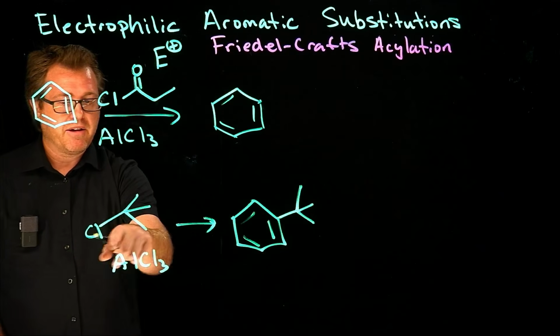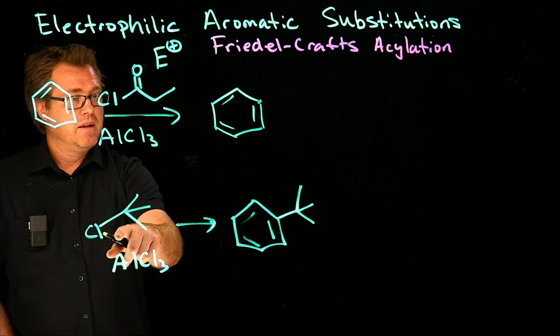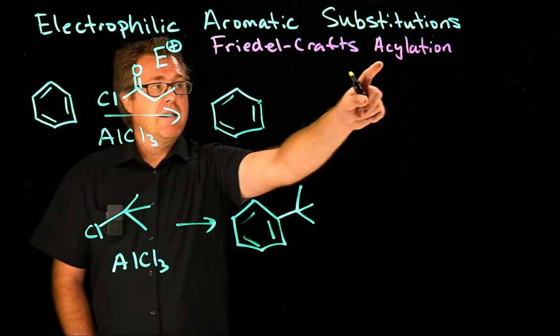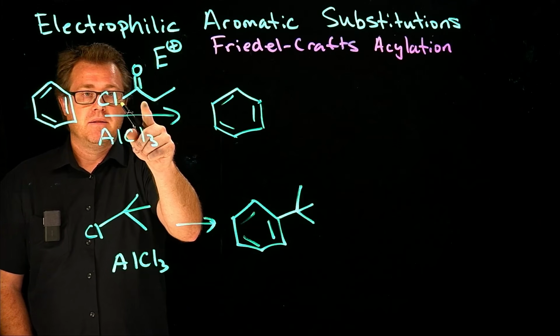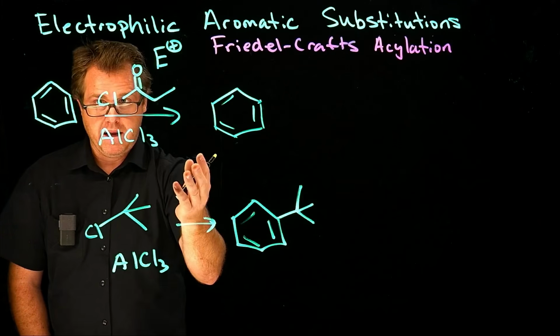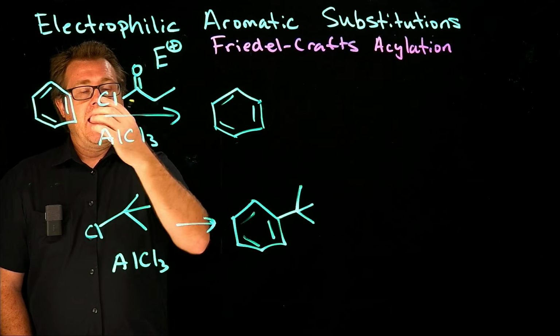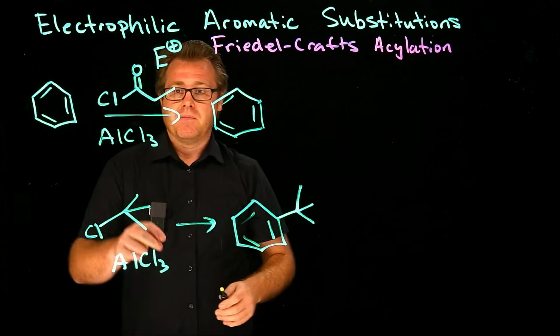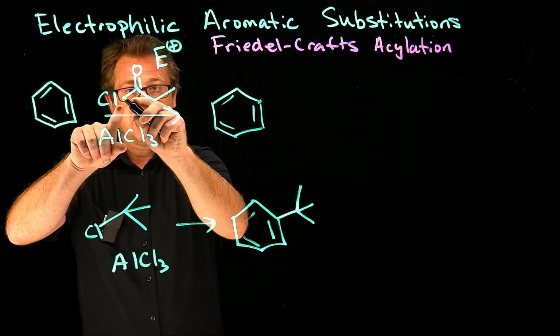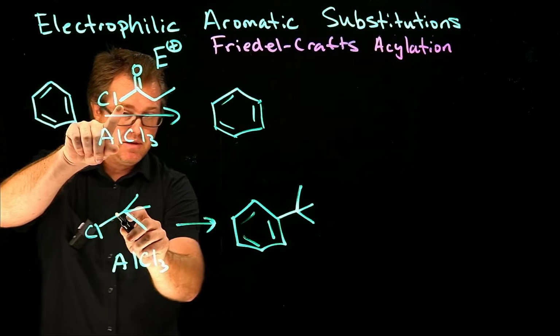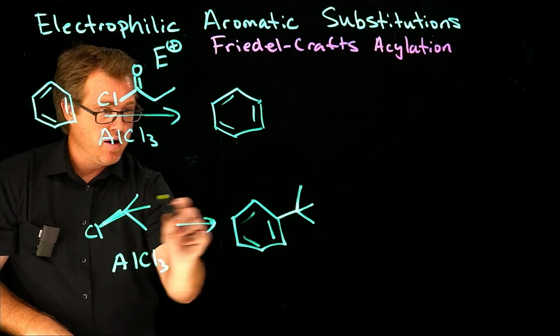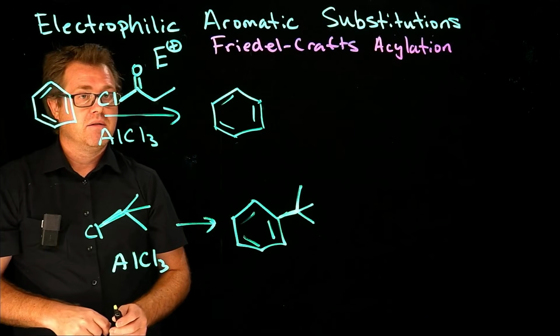See how we have an alkyl halide? But now in Friedel-Crafts acylation, we use an acid chloride or an acid bromide. And what that's going to do is replace this carbon-chlorine bond once again, just like in this one. Here we replace that bond with that bond right there.